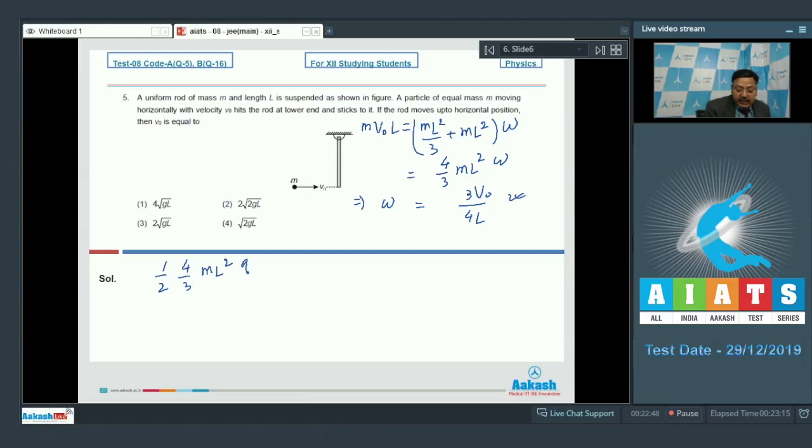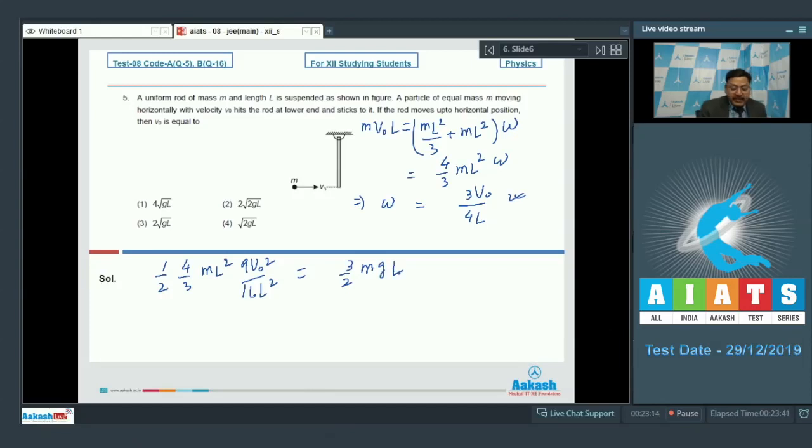That means it is 9V0 square by 16L square, and this is equal to, all of this kinetic energy is converting into the gravitational potential energy, and when the rod becomes horizontal, the gravitational potential energy has increased by mgl plus mgl by 2. That means 3 by 2 mgl.